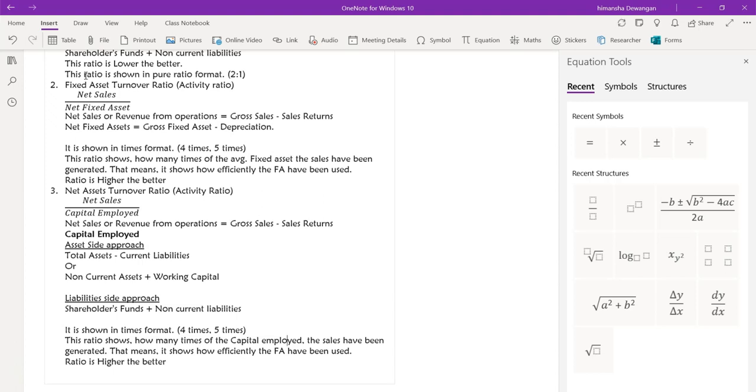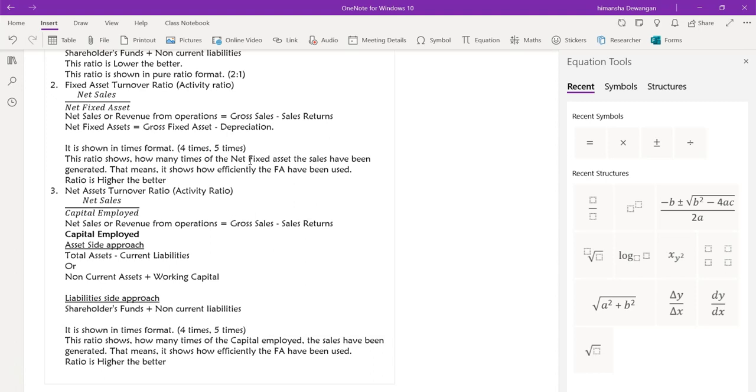So in the fixed asset turnover ratio, we were evaluating with how much efficiency we are using our fixed asset, and here we are analyzing with how much efficiency we are utilizing our capital employed. Okay, Ayushi? Yes, ma'am.